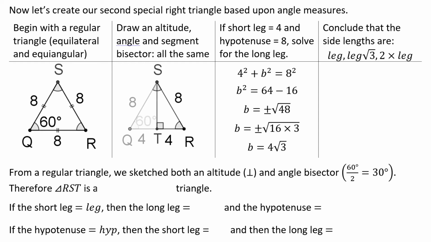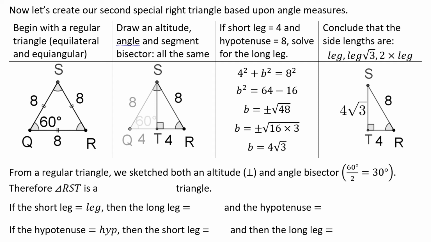Therefore, if the short leg was 4 and the long leg was 4 radical 3, that leads us to a pattern. Leg radical 3, and the hypotenuse, how do we get from 4 to 8? We double it. So whatever our short leg is, in this case 4, our long leg is that number times radical 3, and our hypotenuse is 2 times 4, or just simply 8.